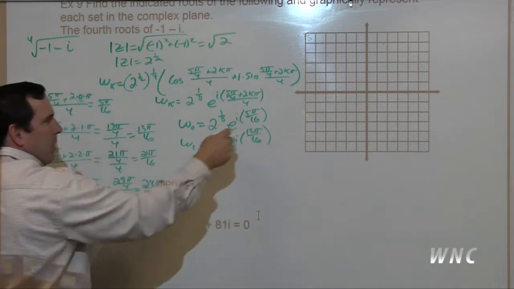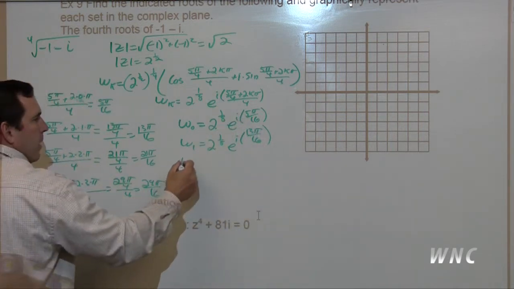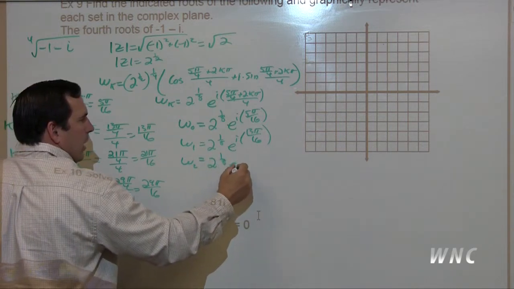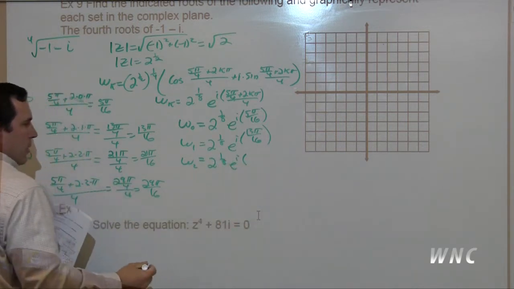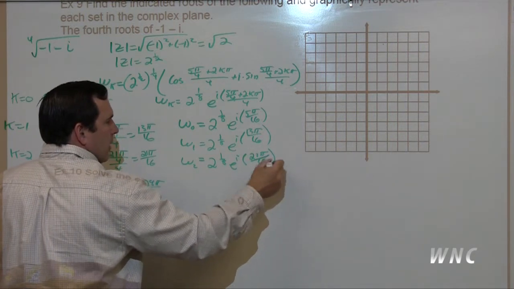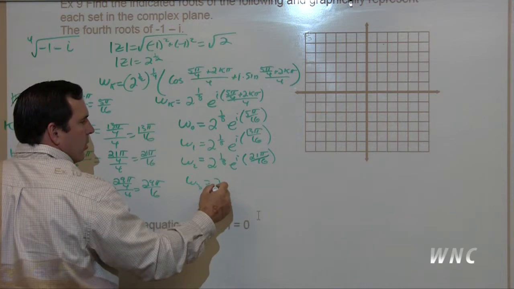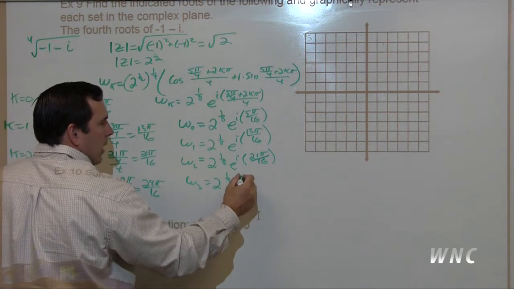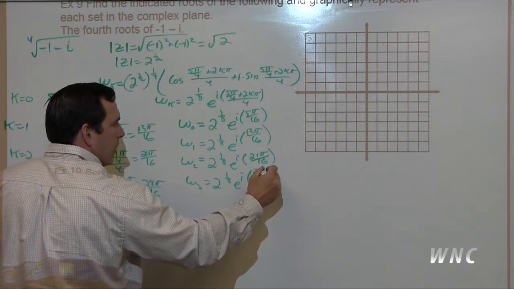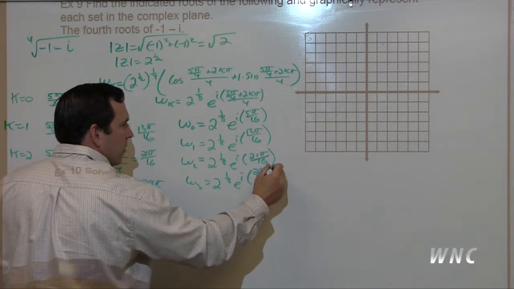You might see a pattern of how much this is increasing by. w2 is going to be 2 to the 1/8 e to the i times 21 pi over 16. And w3 is going to be 2 to the 1/8 e to the i times 29 pi over 16.